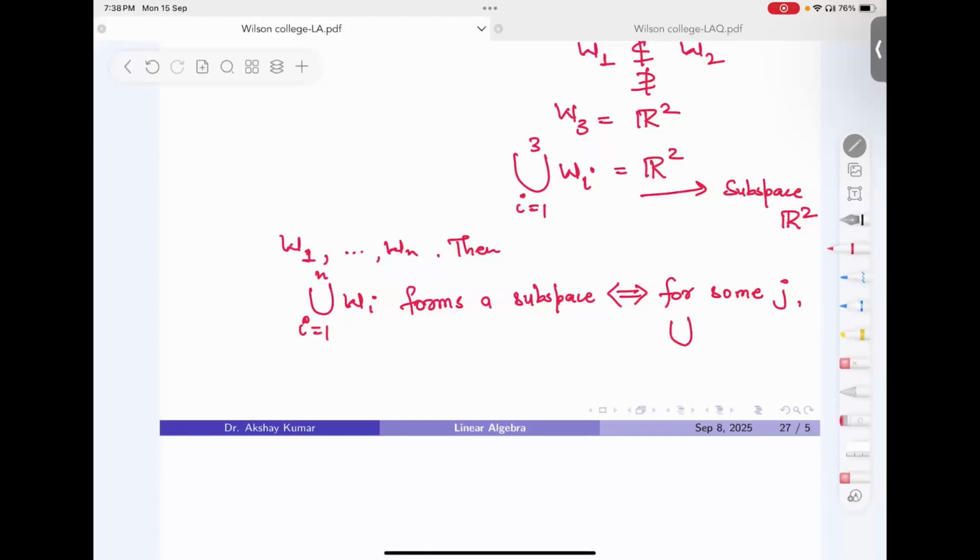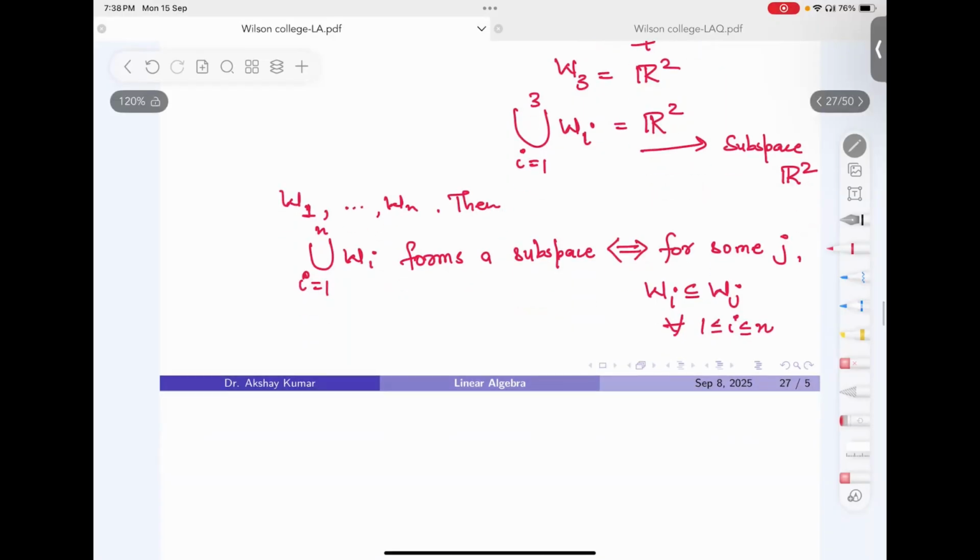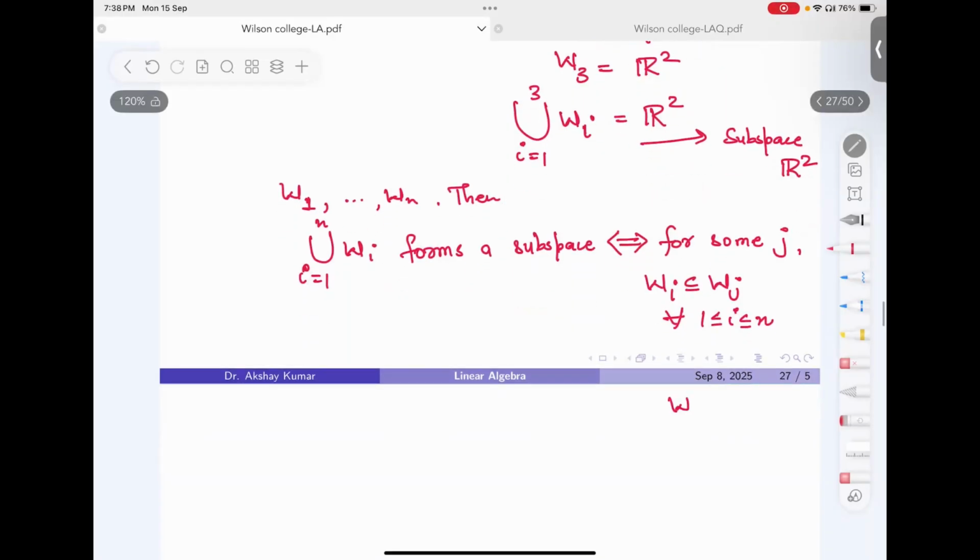That means all Wi are subsets of Wj; there exists a subspace, which we call Wj, which contains all other subspaces.